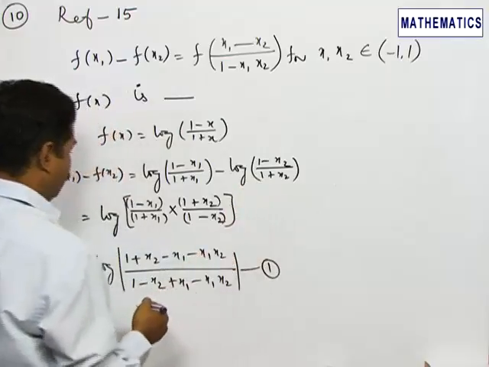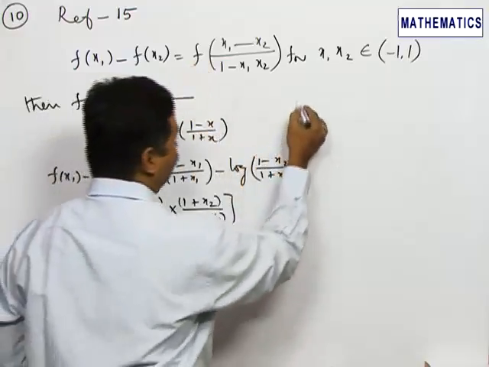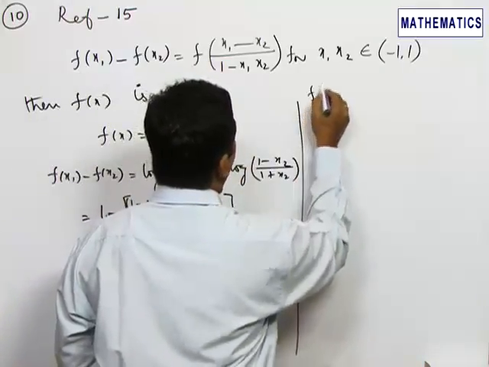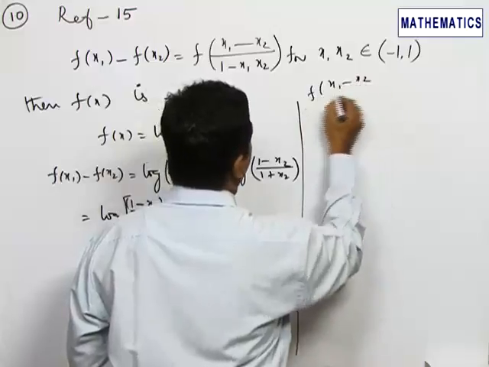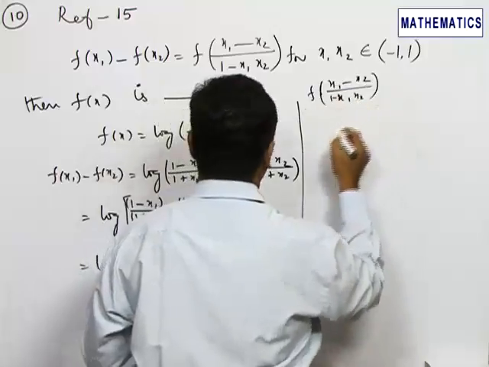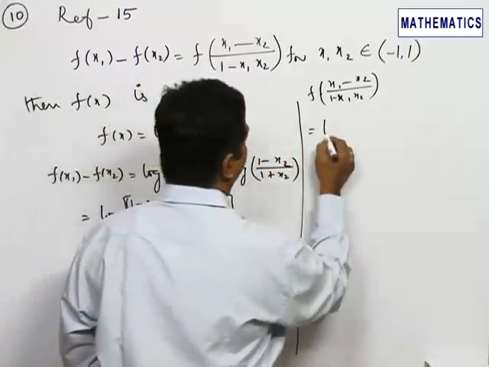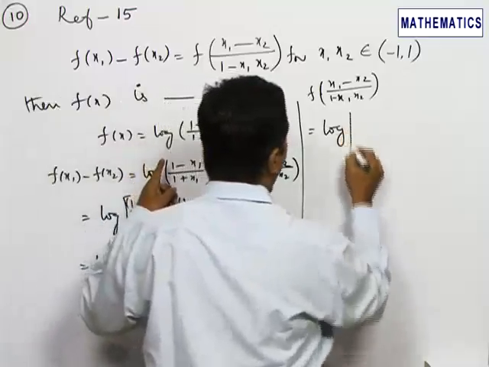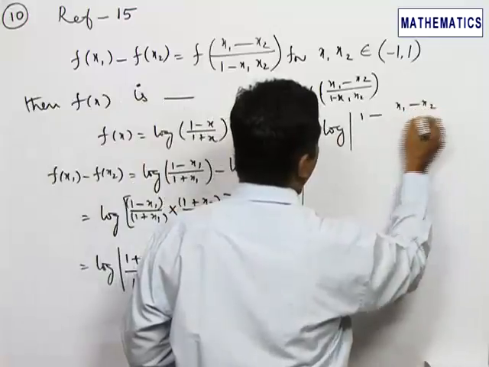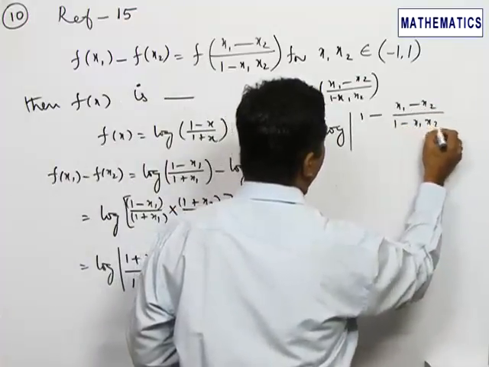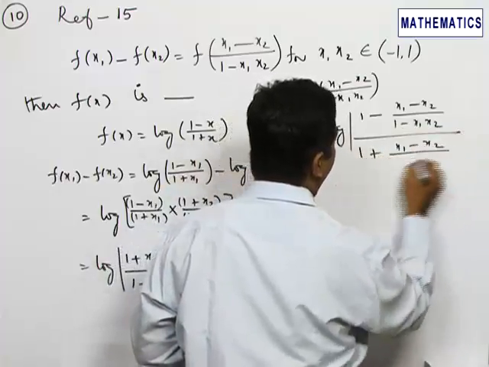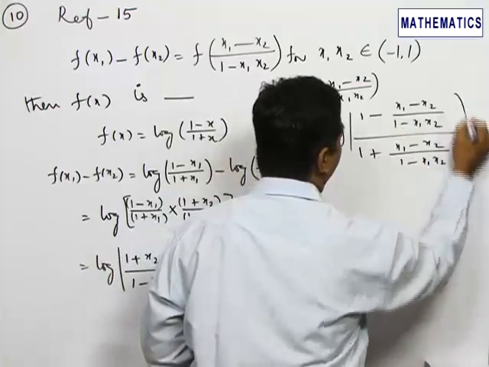The same thing now we consider for the second function. Now let us take the right hand side, f of (x1 minus x2) by (1 minus x1 x2). If we take the same logarithmic function, that is log of 1 minus, instead of x replace with (x1 minus x2) by (1 minus x1 x2), whole divided by 1 plus the quantity (x1 minus x2) divided by (1 minus x1 x2).